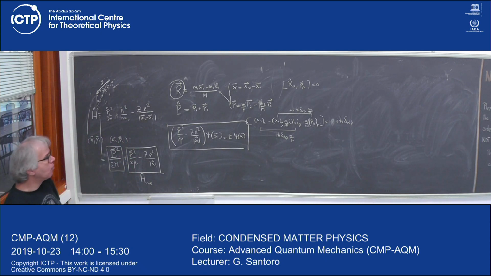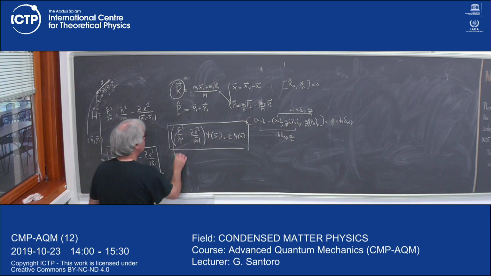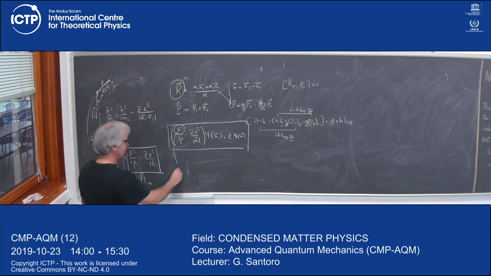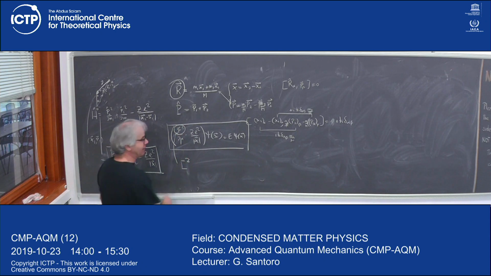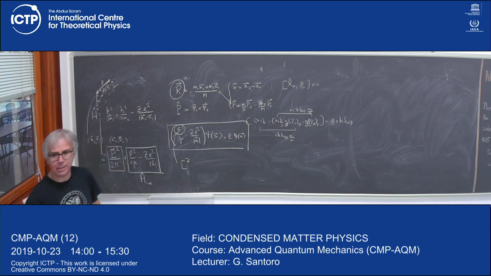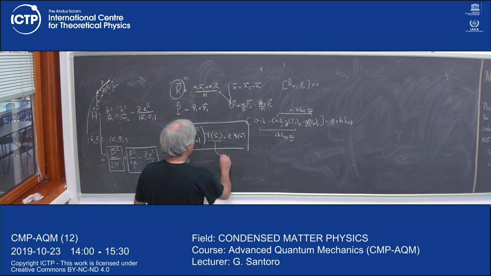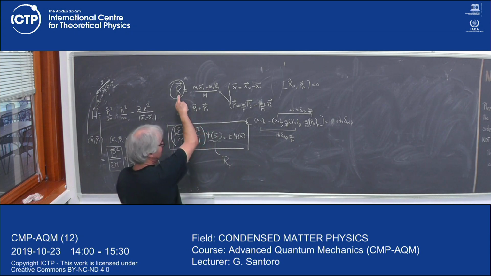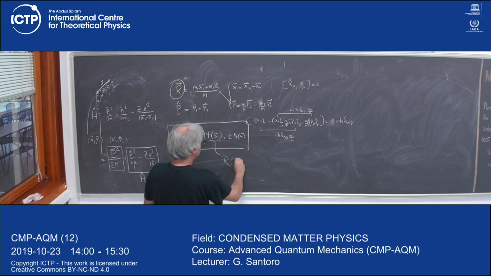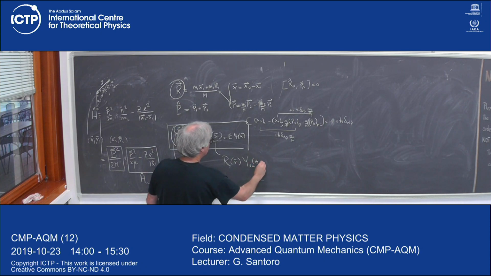Okay, now we will do that by using the fact that in the Laplacian in three dimensions, the total angular momentum squared enters, and therefore we will separate variables here into a radial function, not to be confused with the center of mass, times spherical harmonics. Okay?